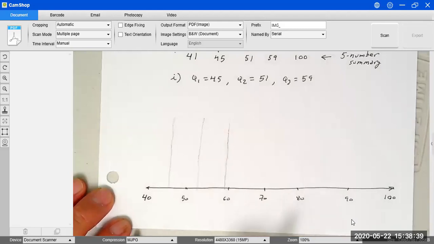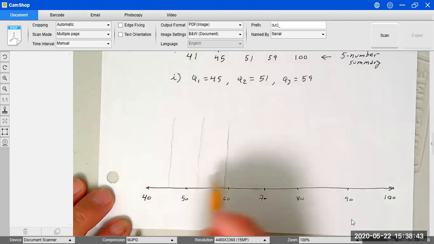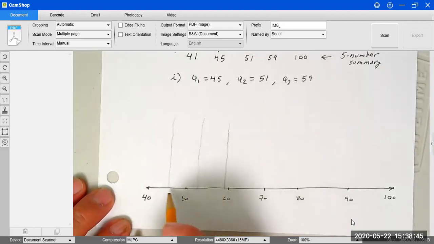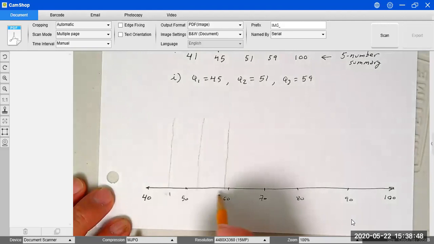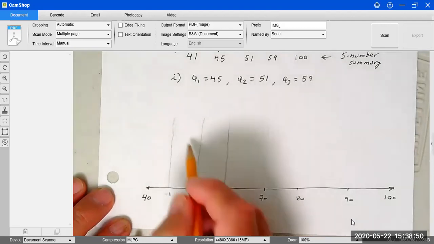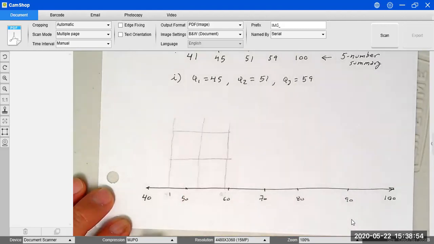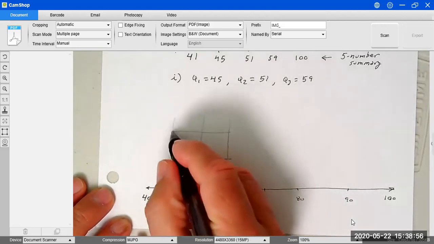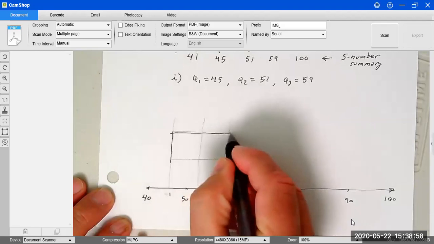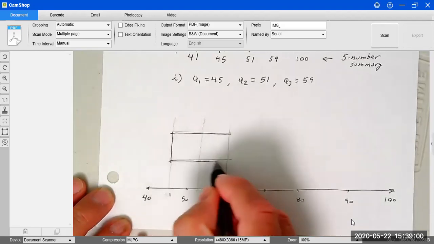Then I need to draw horizontal lines to complete the box from Q1 to Q3. So this is Q1 and this is Q3. So I have my horizontal lines. So now I can use my pen.